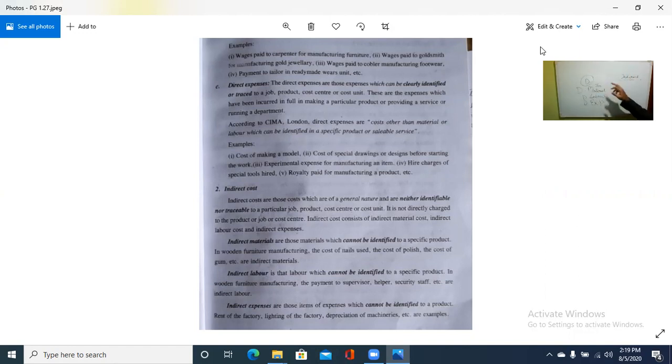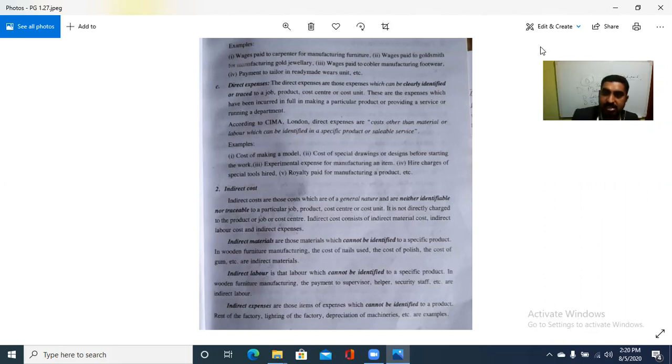And within that are direct material, direct labor, direct expense. The indirect part is indirect material, indirect labor, indirect expenses. Indirect costs are those costs which are of a general nature and neither identifiable nor traceable to a particular job, product or process or cost center or cost unit.